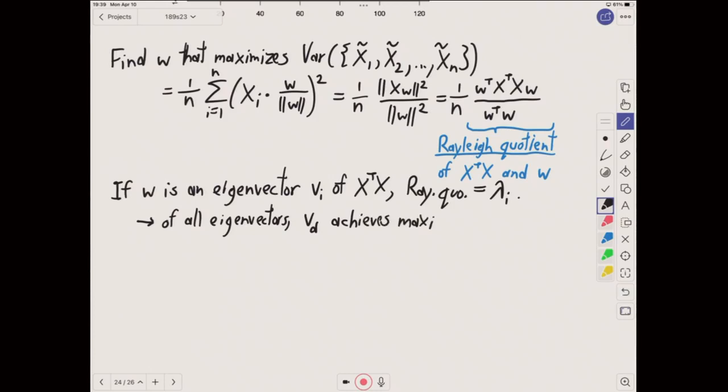And so that will achieve the maximum possible variance, which is lambda_d over n. Okay, but what if W is not restricted to be an eigenvector? What if W could be any vector? Well, I don't have time to prove that, but no other vector can beat v_d.